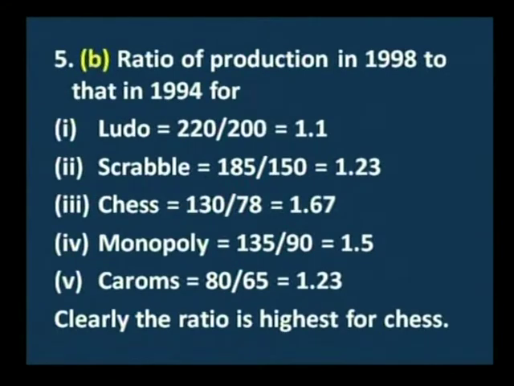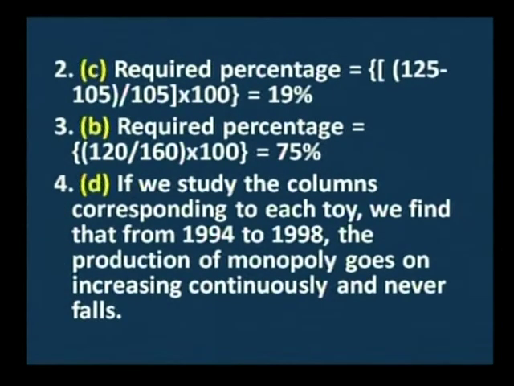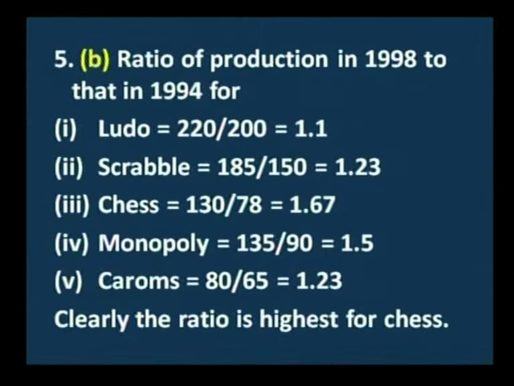Scrabble, it is going to be 1.23. Similarly, chess. So, which is having the highest ratio among these? That is the required answer. 1.67 is the highest. Therefore, which is having the maximum production? It corresponds to chess. Therefore, chess is the right answer.